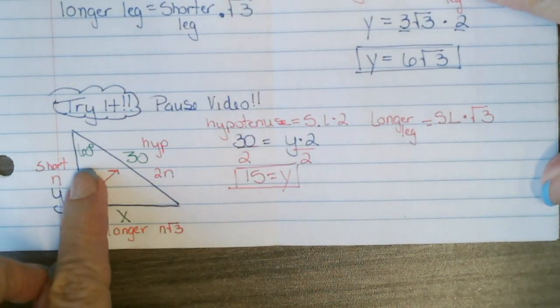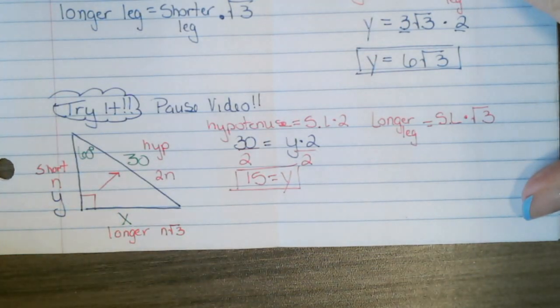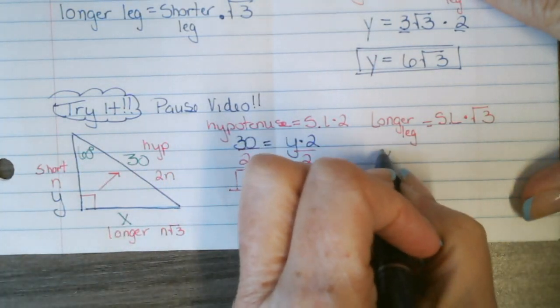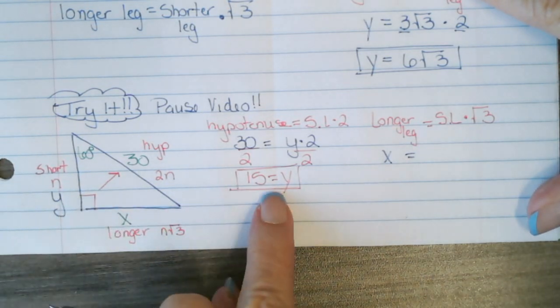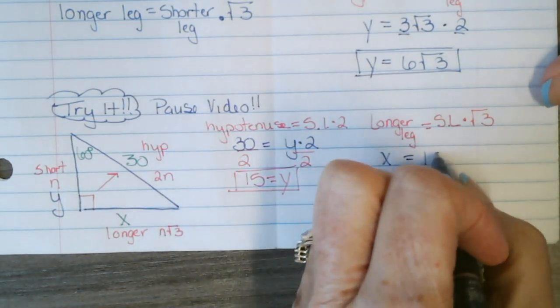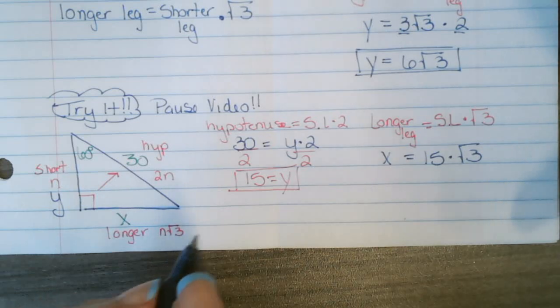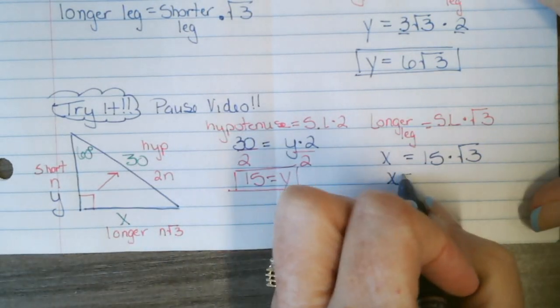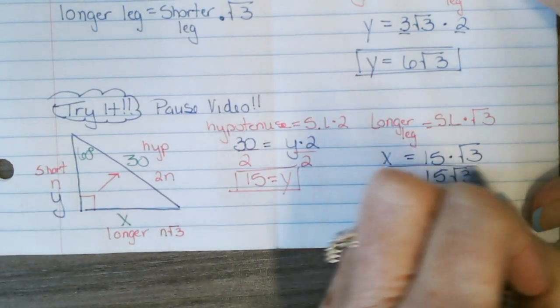All right, so my longer leg in this case is across from my 60. It's going to be my x equals my shorter leg, which we found the shorter leg to be 15, times the square root of 3. And there really isn't any solving in this because it's all on the same side, so it's 15 square root of 3.